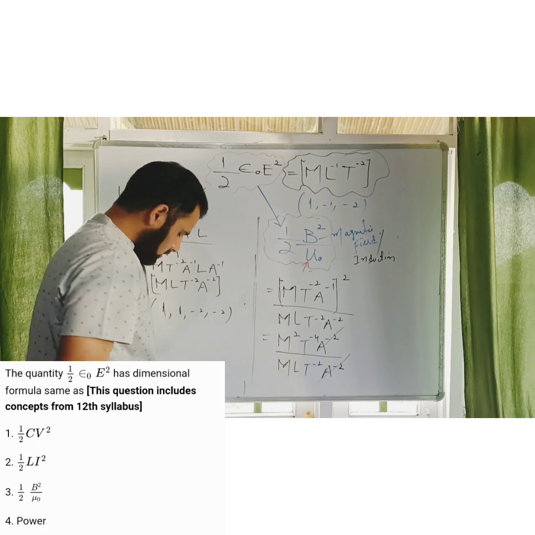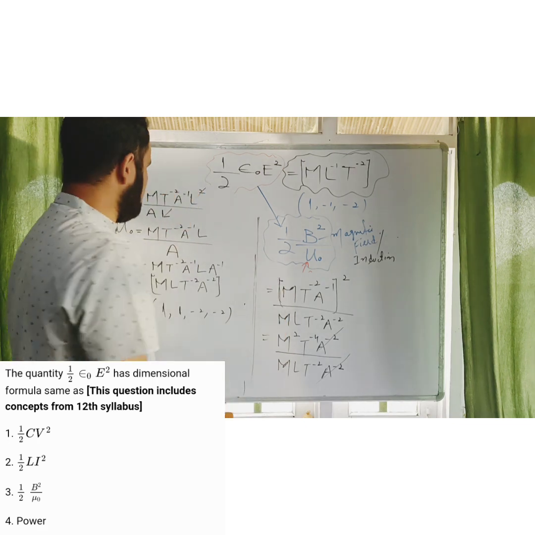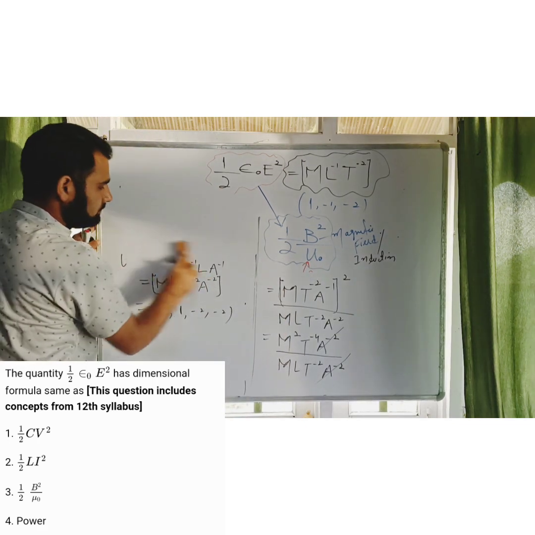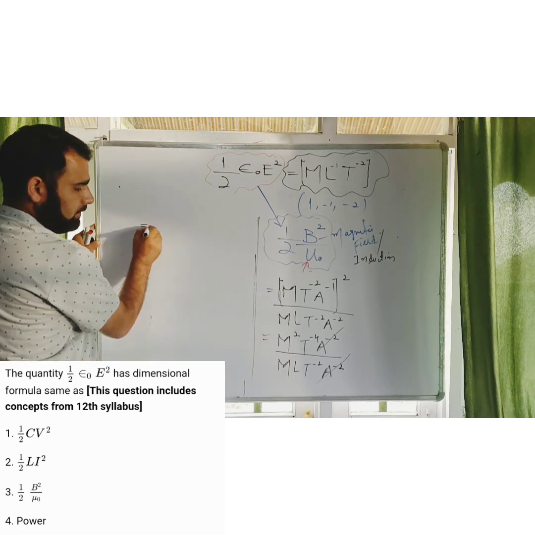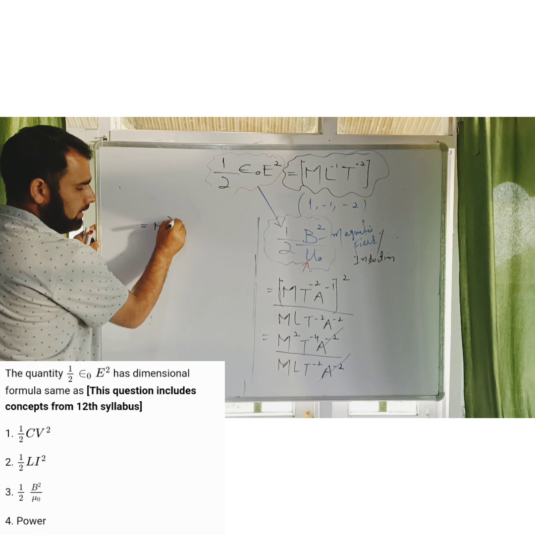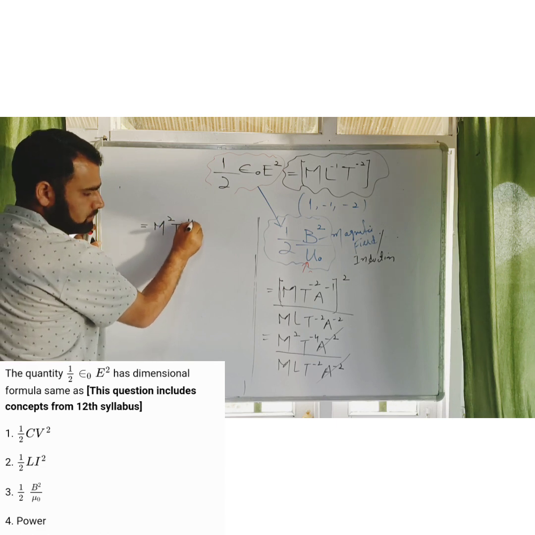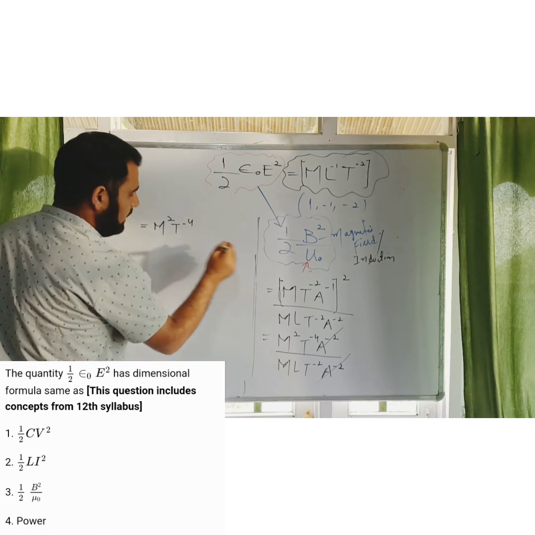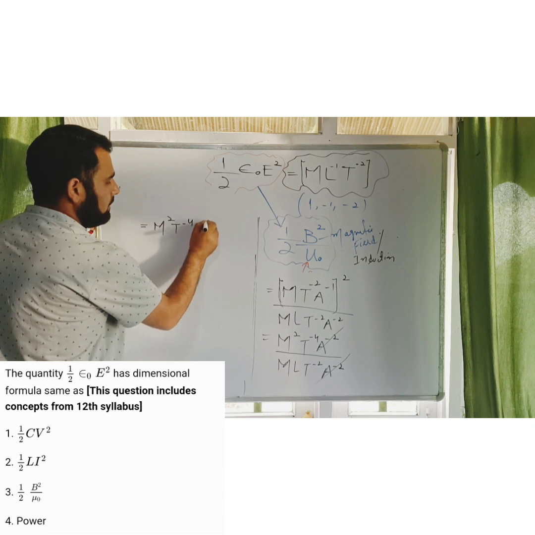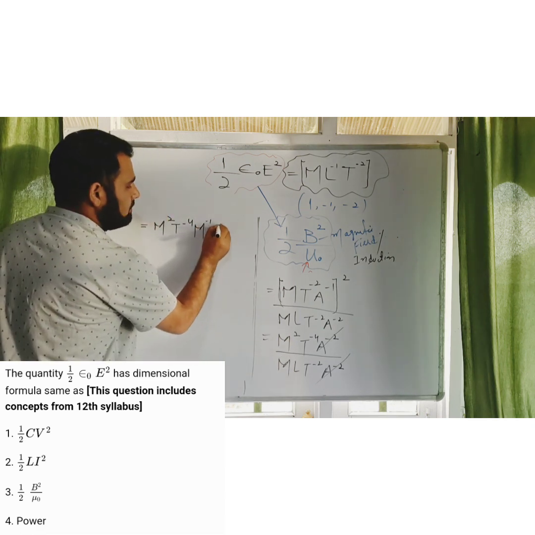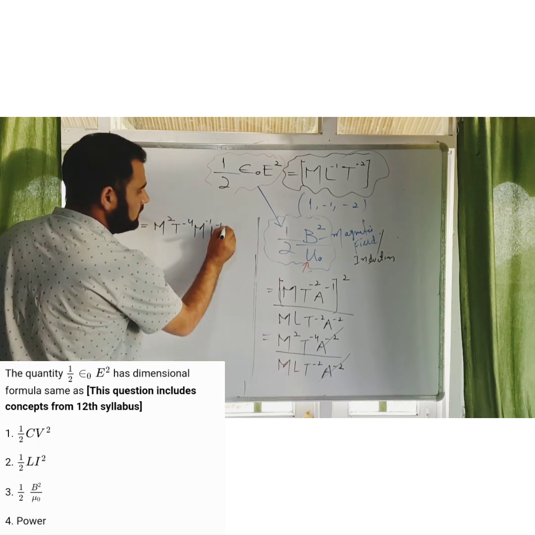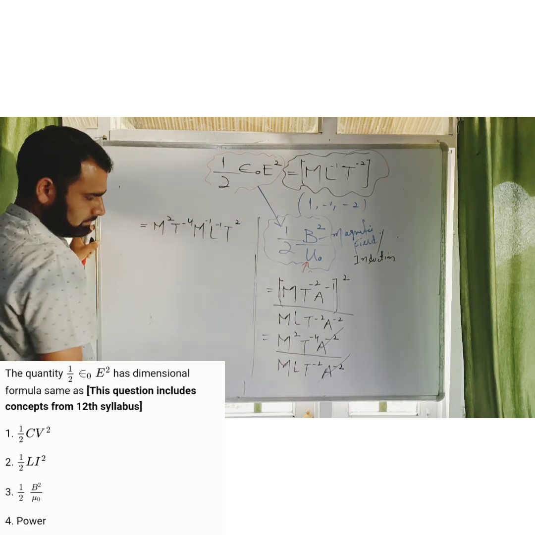The rest of the parameters in the denominator you can shift to the numerator. So it is equal to M square T raised power minus 4. Shifting this M to the numerator, it is M raised power minus 1. Shifting this L, it is L raised power minus 1. Shifting this T, it is T square.